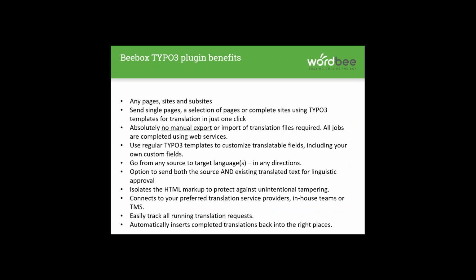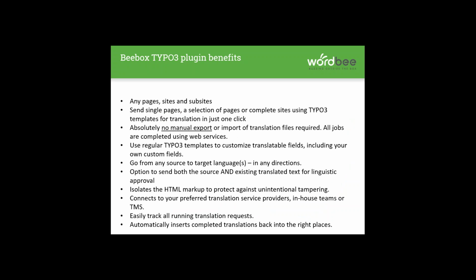So let's now focus on the advantages of the Beebox TYPO3 plugin. Once you've installed the TYPO3 plugin, you can decide which pages or sub-pages to send for translation. You create configurations in TYPO3 and decide what to export for translation.